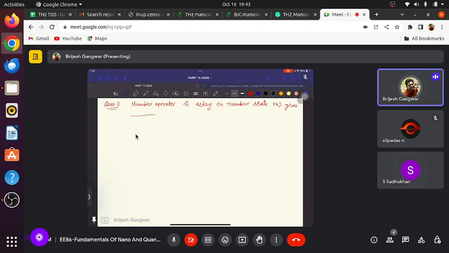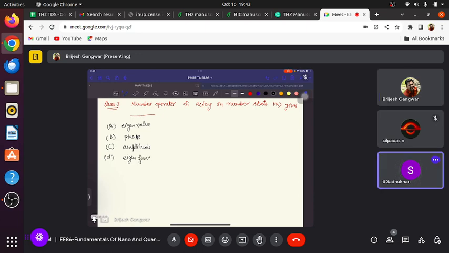The options are: A, eigenvalue; B, phase; C, amplitude; D, eigenfunction; and E, number of photons.